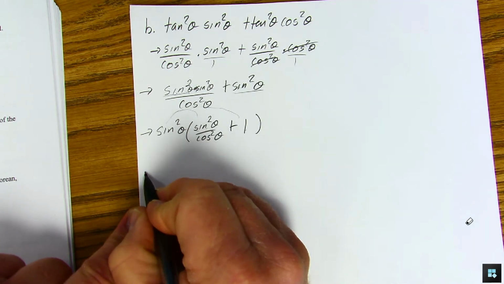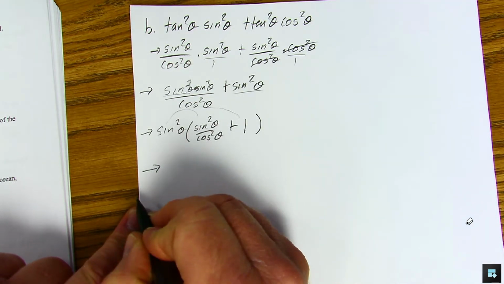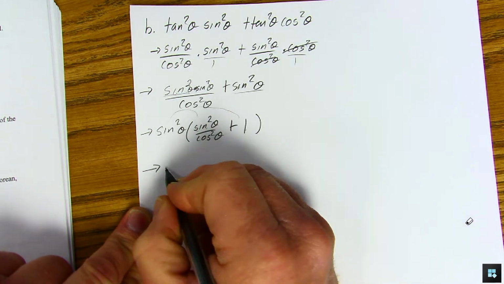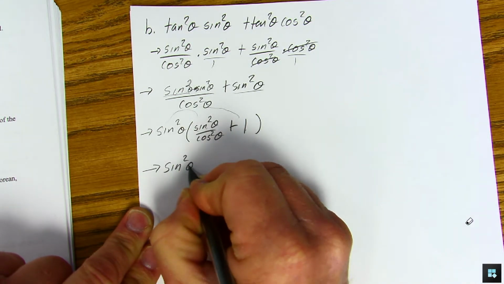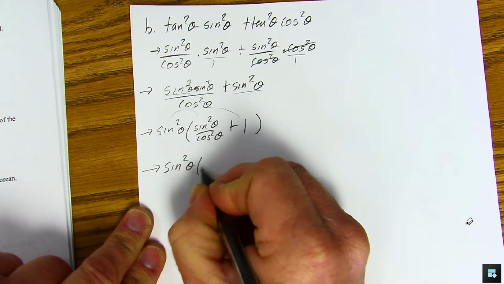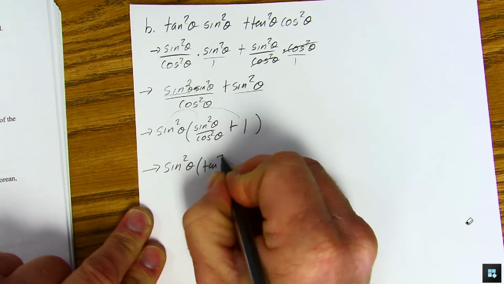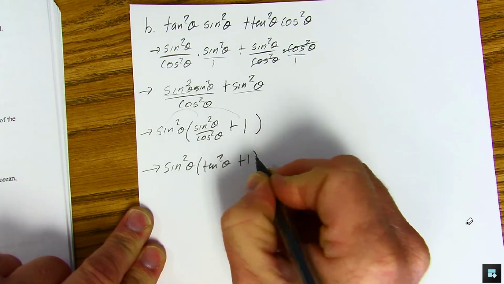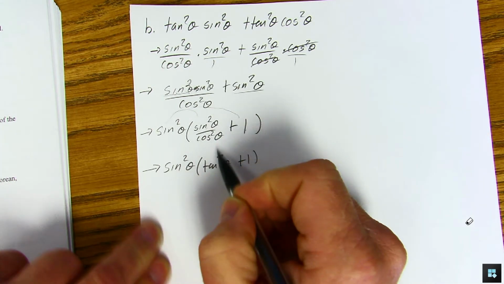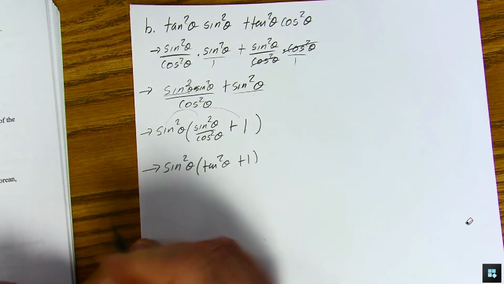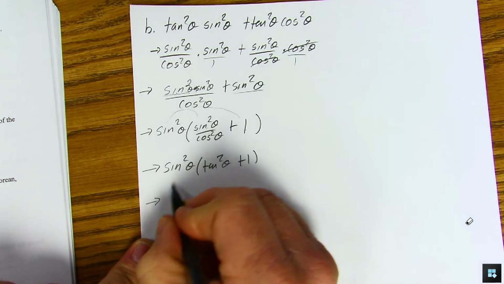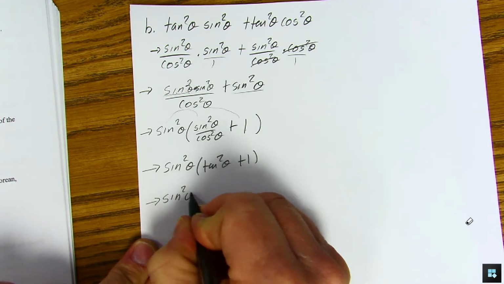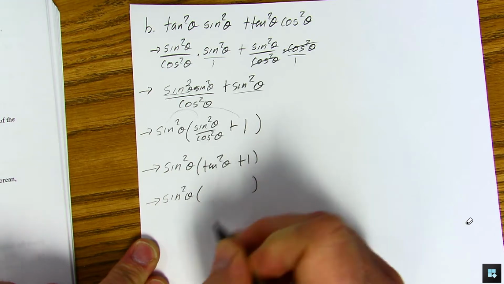So from here, it would follow that I could rewrite this as sine squared theta times tangent squared theta plus 1. Because sine squared over cosine squared is tangent squared. So then it would follow that I could say I have sine squared theta. Remember what we just said tangent squared theta plus 1 was?